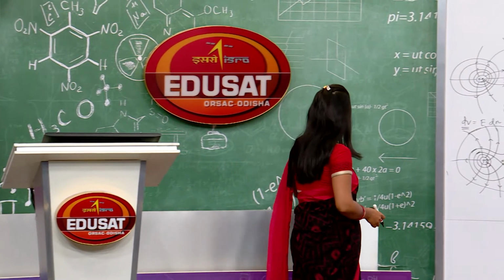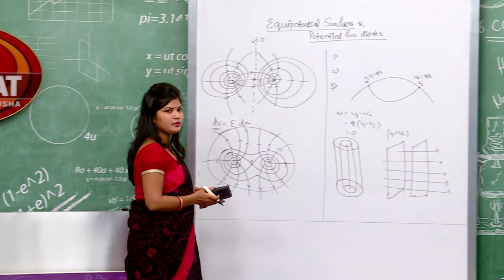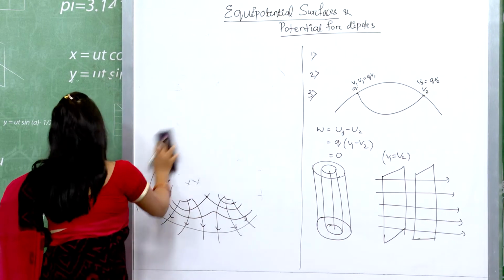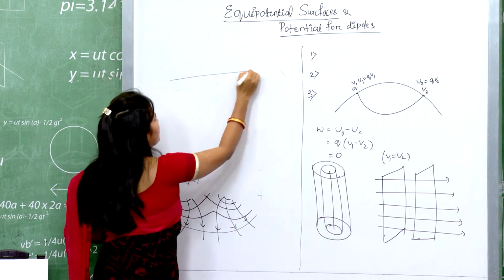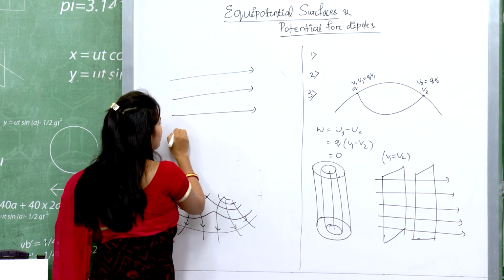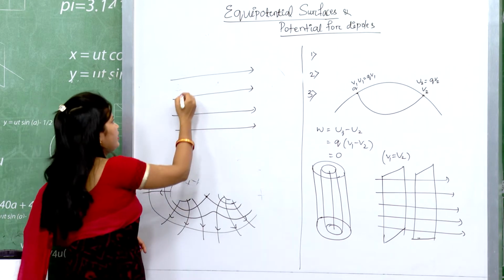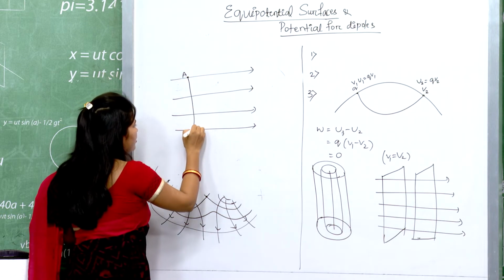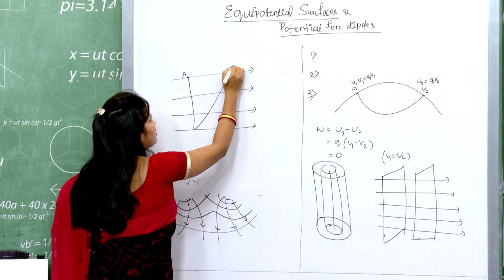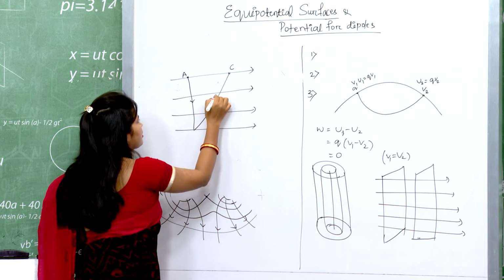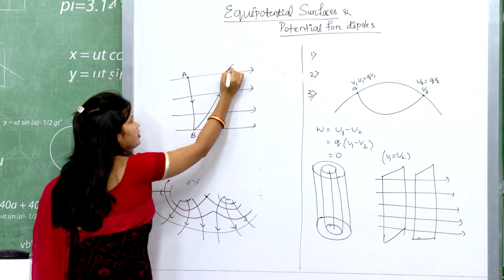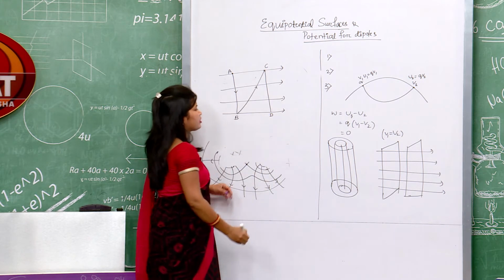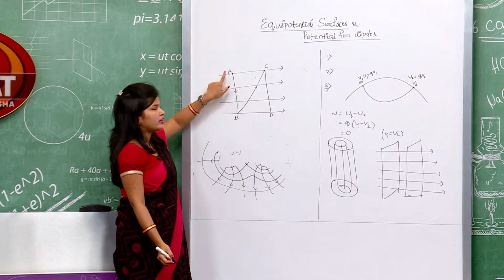Now, let us solve one problem. Suppose you have a uniform electric field, and a test charge is moved from point A to point C along the path A, B, C. Then what is the potential difference between the two points D and A?